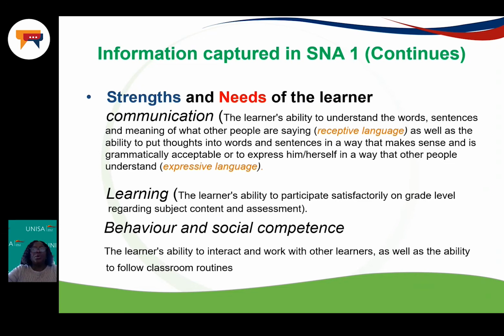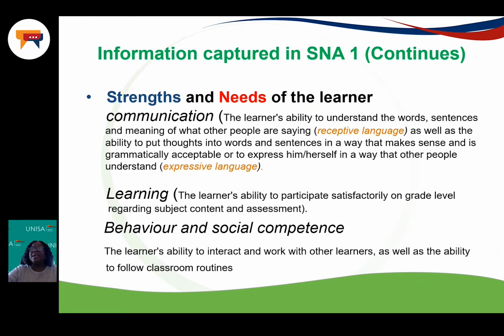Looking at communication, the learner's ability to understand the words, sentences, and meaning of what other people are saying is called receptive language, as well as the ability to put thoughts into words and sentences in a way that makes sense and is grammatically acceptable, or to express himself or herself.